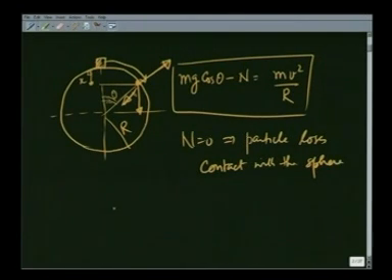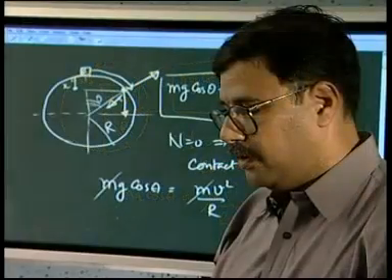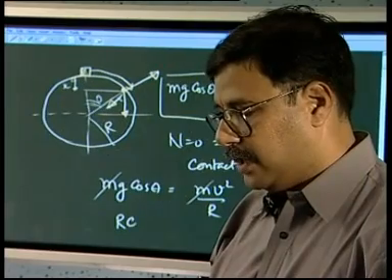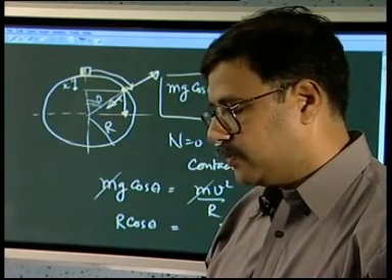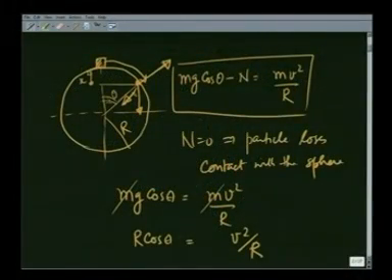So, at that point I am going to have m g cosine theta equal to m v square over r, and therefore, r cosine theta is equal to v square over g. I have already calculated v square.